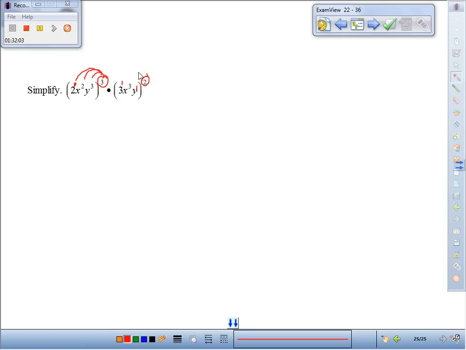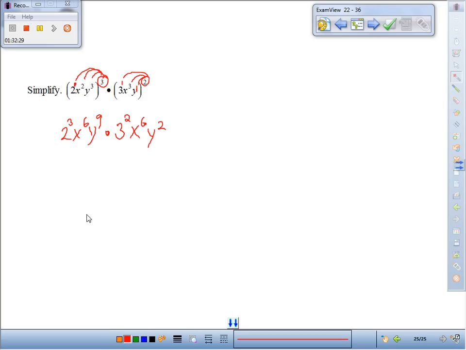And we're going to distribute this 2 to each of these exponents. So let's rewrite it. This becomes 2 to the what? Third, x to the 6, y to the 9 times 3 to the second, x to the 6, y to the second.